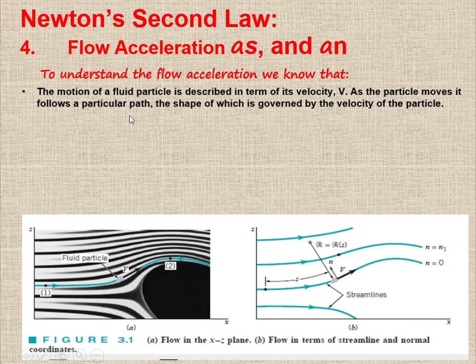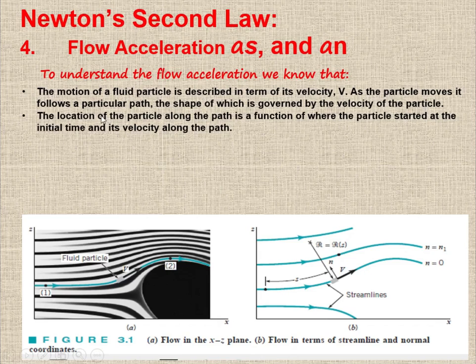As the particle moves, it follows a particular path, the shape of which is governed by the velocity of the particle. The location of the particle along the path is a function of where the particle started at the initial time and its velocity along the path.